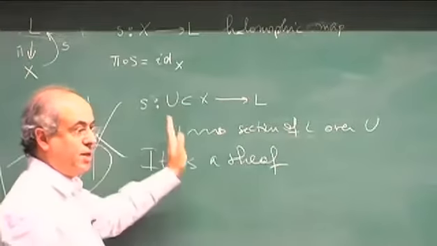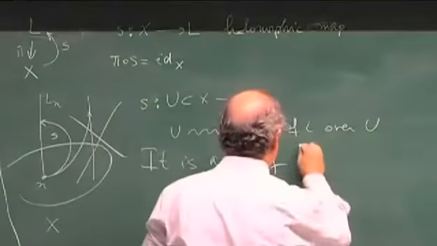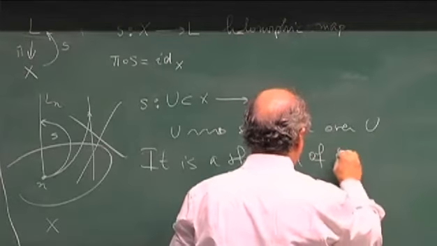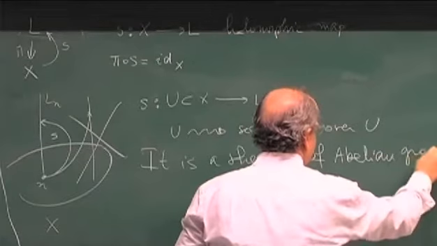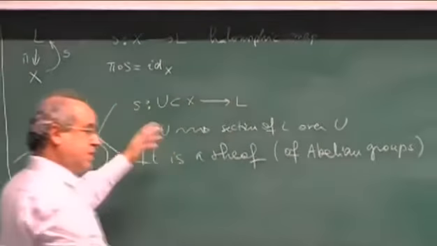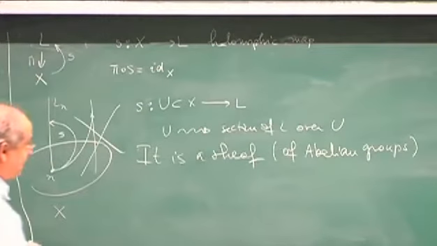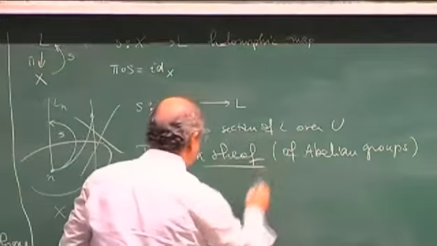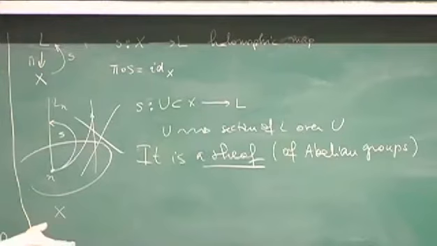This is just a matter of checking. In particular, it's a sheaf, for instance, of abelian groups, because it's possible to define a sum. This is a linear object. It's possible to sum two sections, and you can easily prove that it is a sheaf. This sheaf is a kind of twisted version of the sheaf of holomorphic functions.